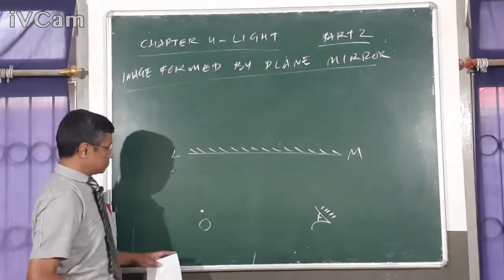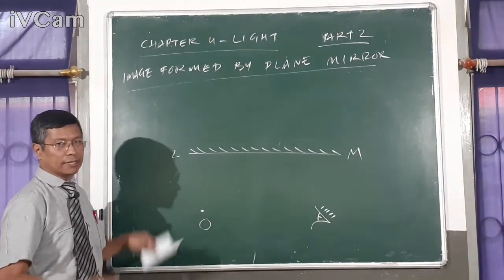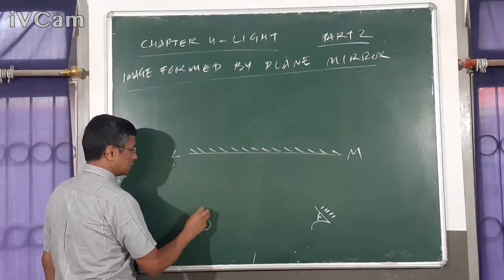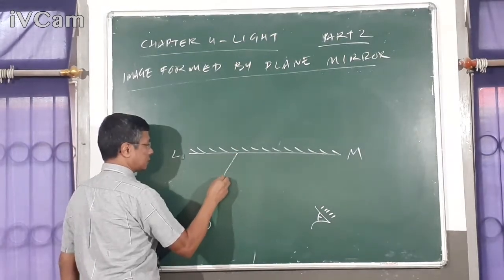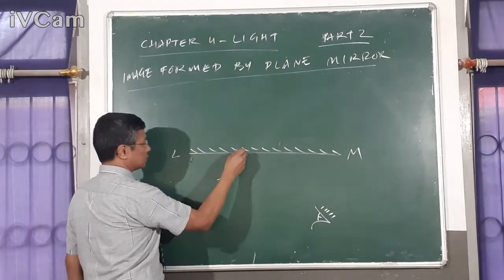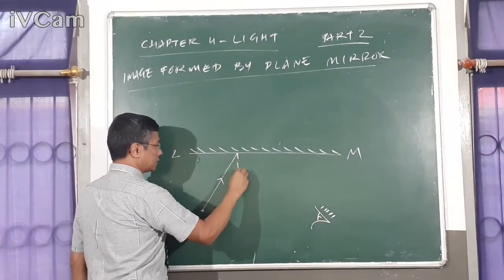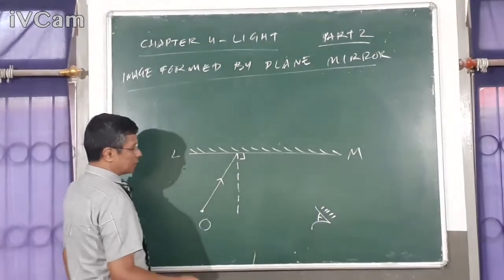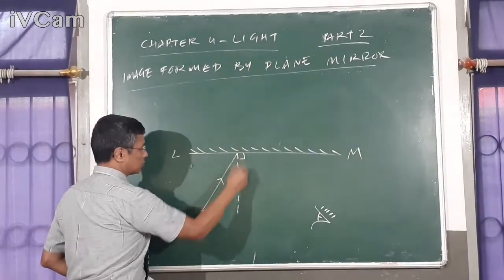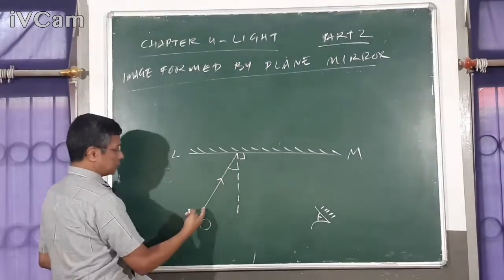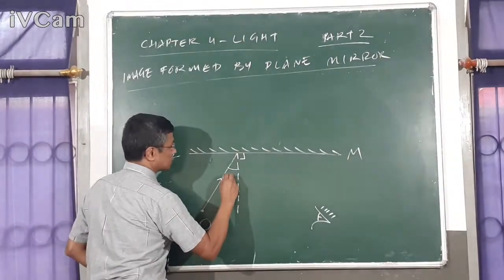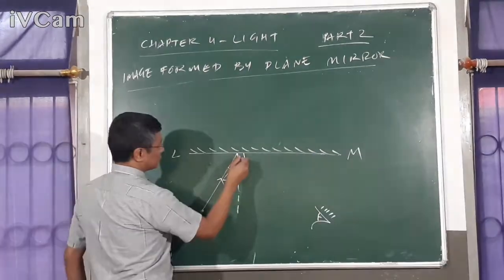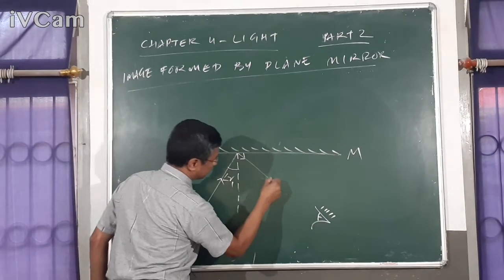What is going to happen is, this object radiates light in all directions, and let us consider only two rays. The first ray of light strikes the mirror, and it gets reflected. If you remember, if you draw a perpendicular line at the point of incidence, this is called the normal, and the angle between the reflected ray and the normal is the angle of reflection, angle R, and I'll call this angle R1.